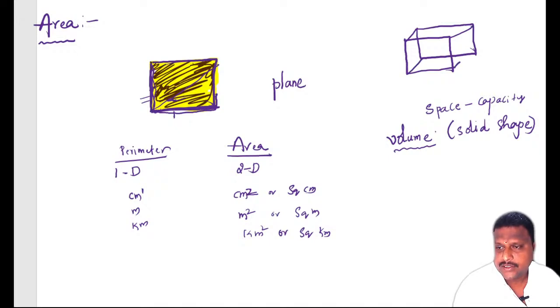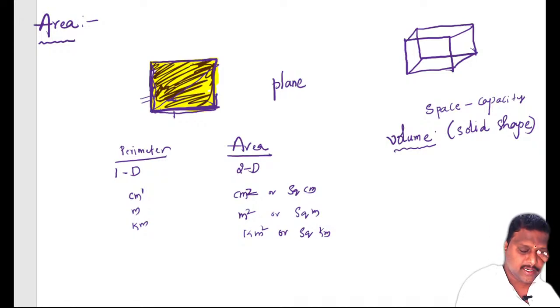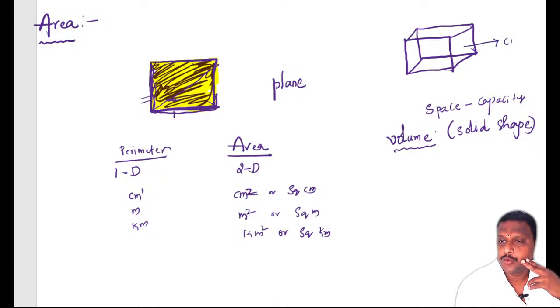We will discuss clearly in our visualizing three-dimensional shapes. Let it be a cuboid. So it occupies some space.